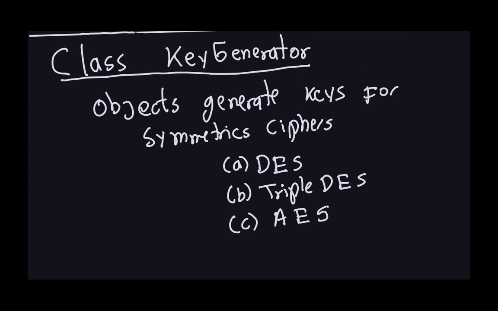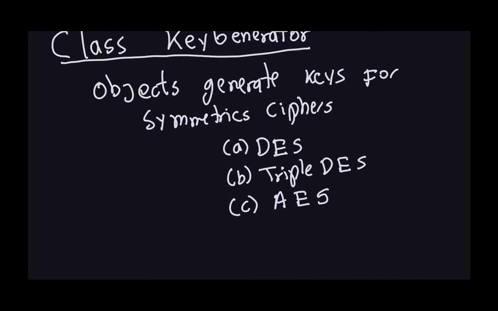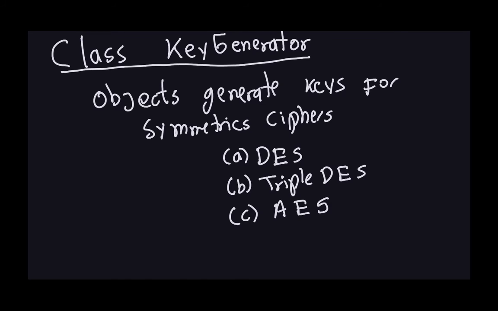So this class called KeyGenerator is gonna give me objects that generate keys for any symmetric ciphers that I have in here. Now, let's see what the process is in Java. Because I have a class, before I generate any key, I have to make an object of this class. So the object is gonna be generated by this.